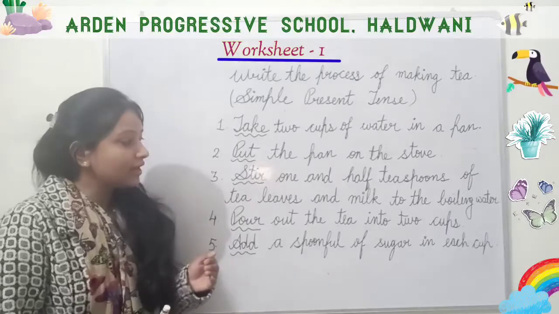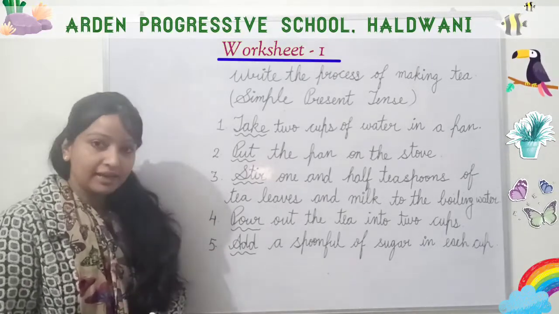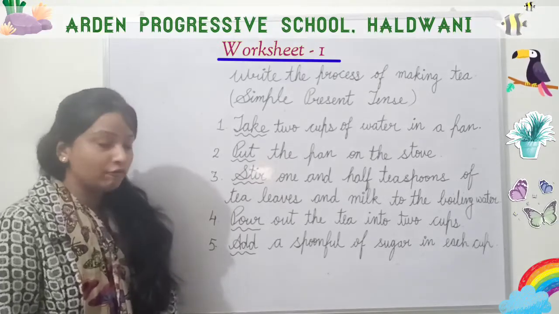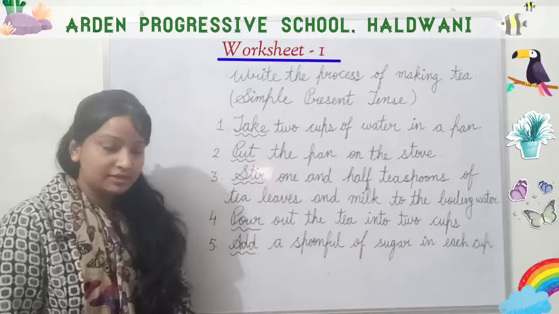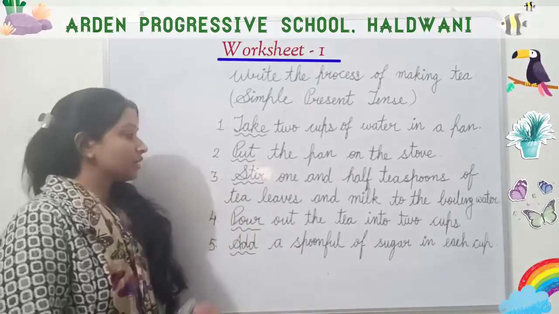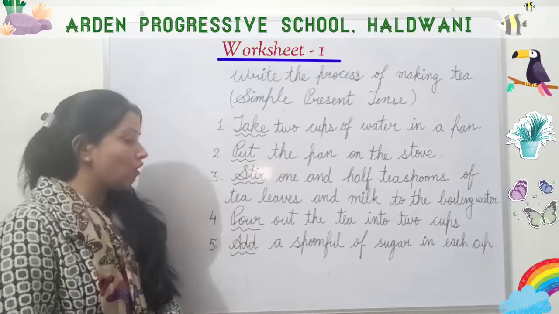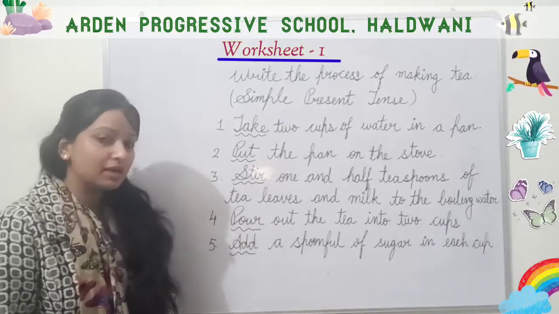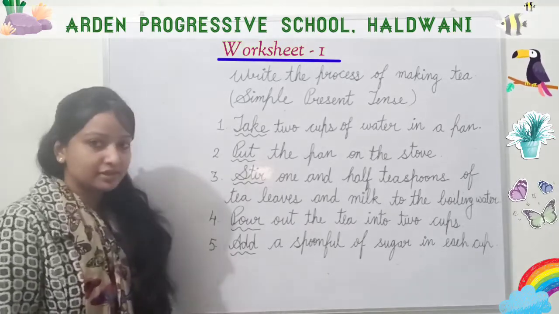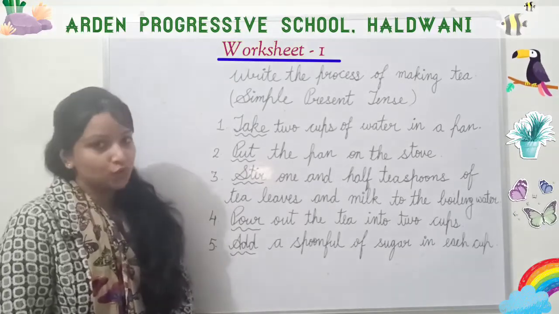Stir 1½ teaspoons of tea leaves and milk to the boiling water. Next is pour out the tea into 2 cups.